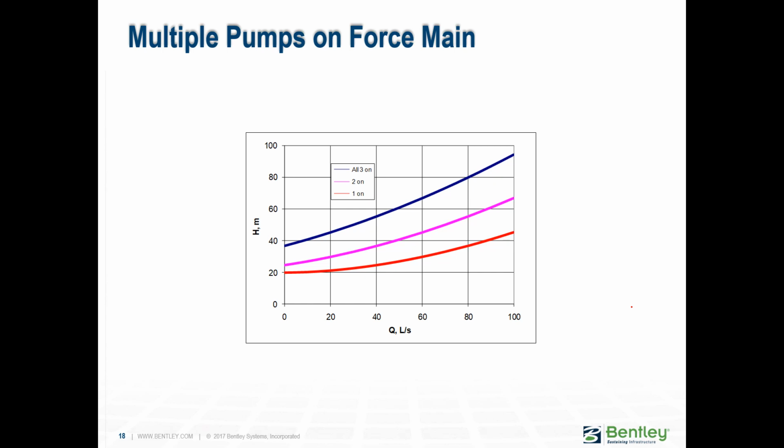So if the system heads vary widely, you may need to use different size pumps in one station, or use a variable speed pump. So you can see in this graph, we're showing you what happens when only one pump is on, when both of them are on, and when all 3 of them are on.